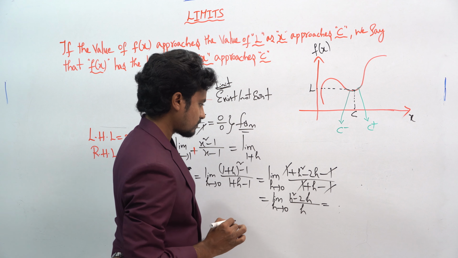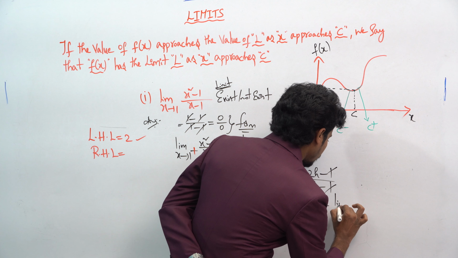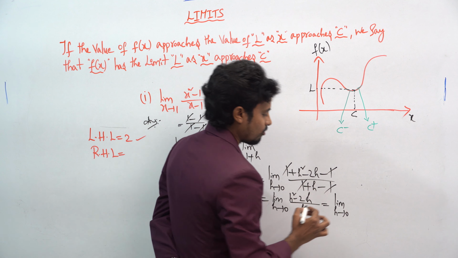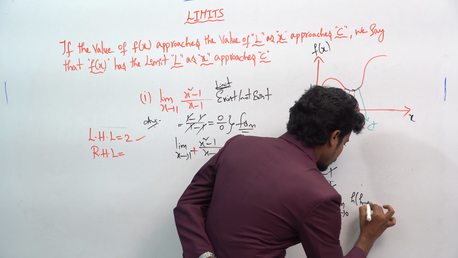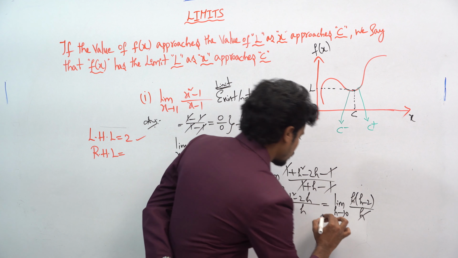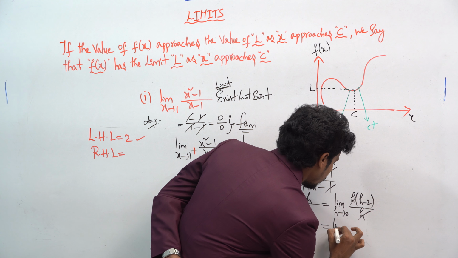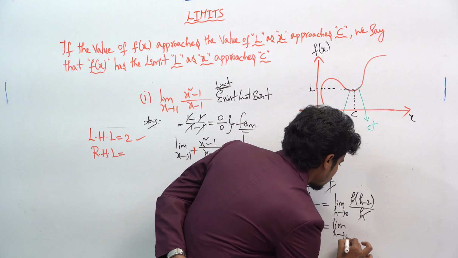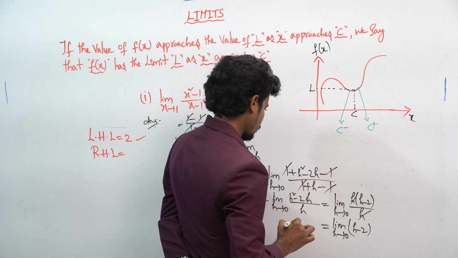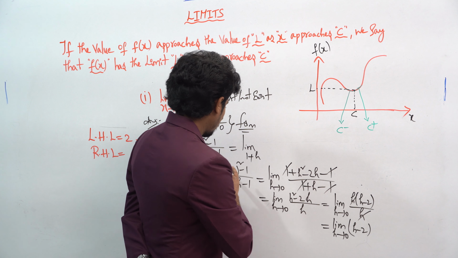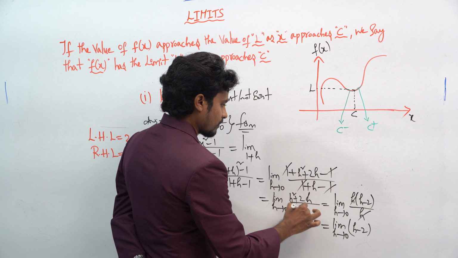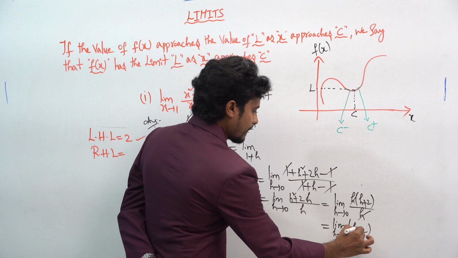If I take h common, what will happen? h plus 2 divided by h, h will get cancelled. Sorry, a plus b whole square is a square plus b square plus 2ab, so it is h plus 2.